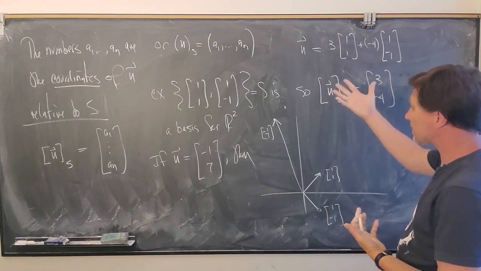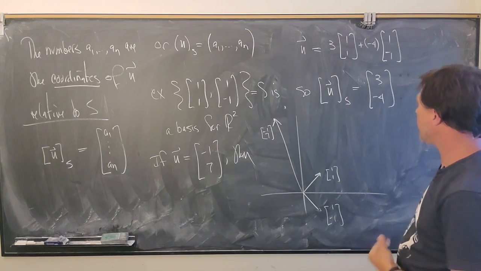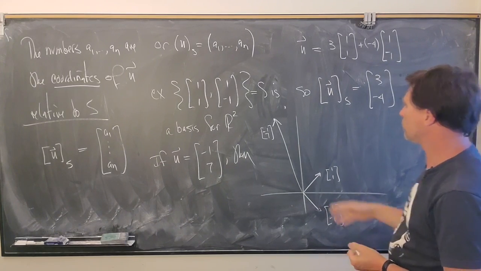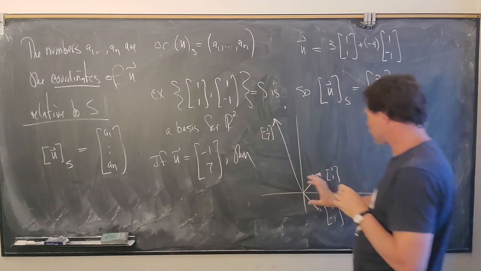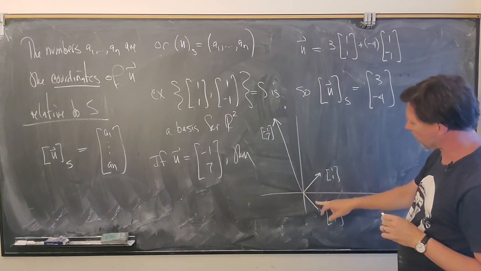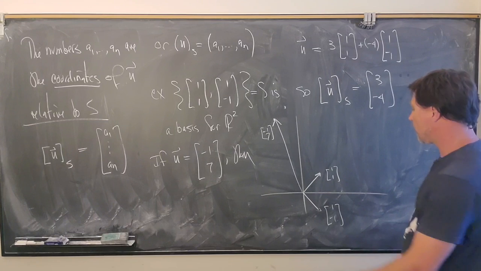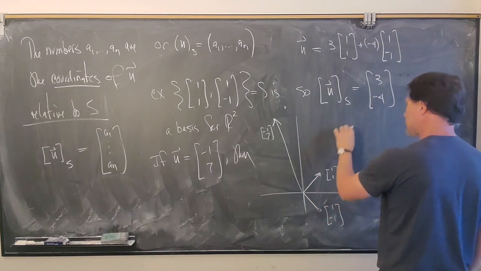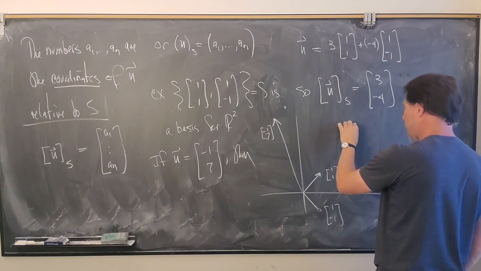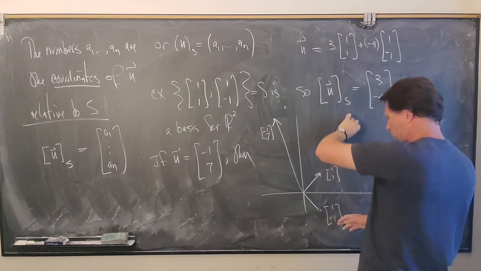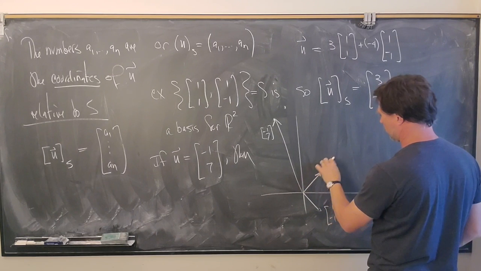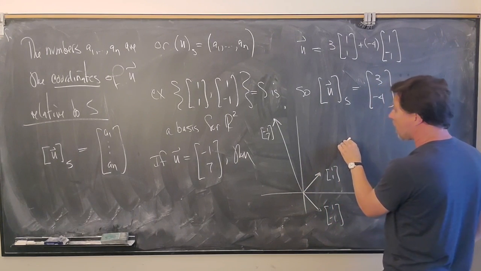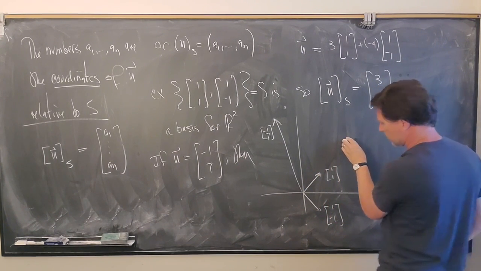So what this coordinate business says is, if you want to get to this vector, it looks kind of weird here, (-1, 7), traveling in directions parallel to these two vectors, what you would need to do is travel 3 times this one, minus 4 times the other.